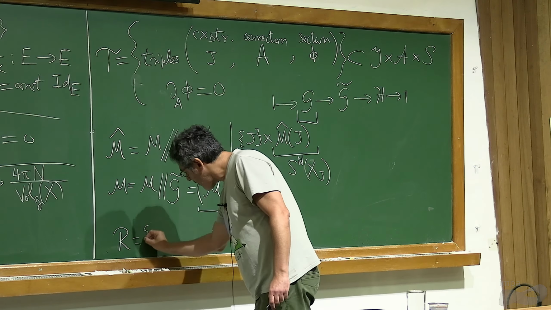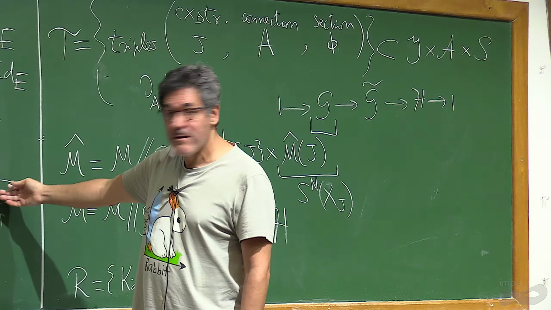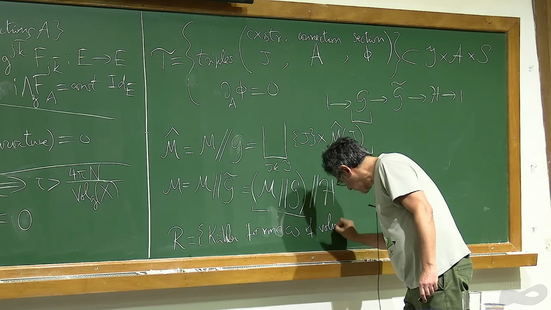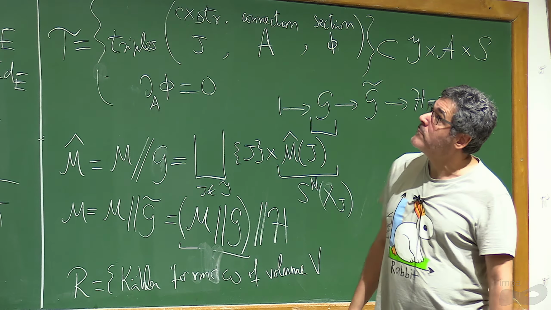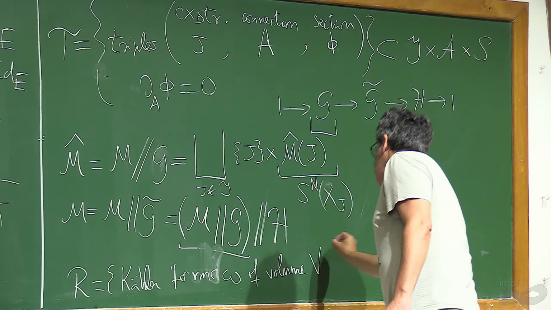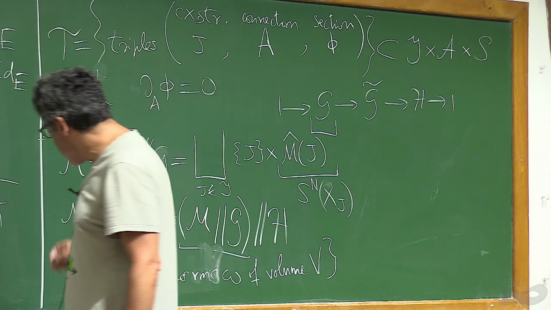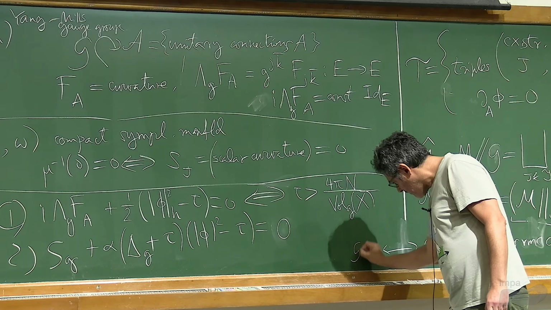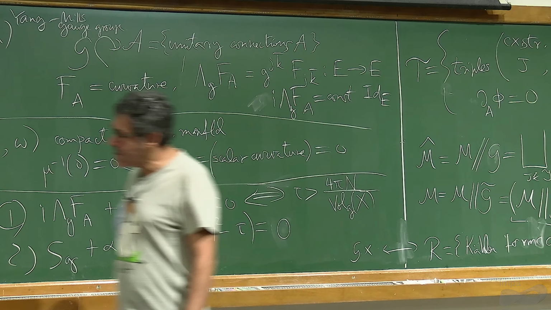This is, how to say it, Kähler forms omega of some fixed volume that solves this first equation. Some fixed volume. So this is, for some reasons, the analog of the orbit in the Kempf-Ness principle.